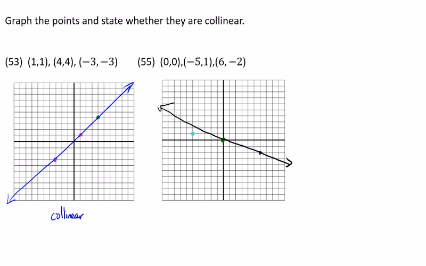And it's not the same as the line that goes through these 2 points. Okay, so those are not the same line, not collinear. You remember through any 2 points, there's exactly one line. So through this point and this point, there's a different line than between this point and this point, right? Whereas with these, if you draw a line between any of these pairs of points, you'll get the same line.